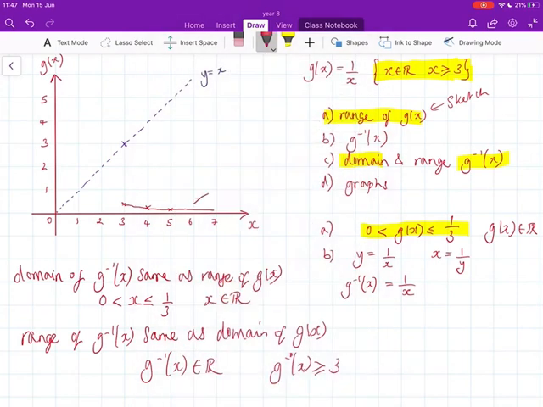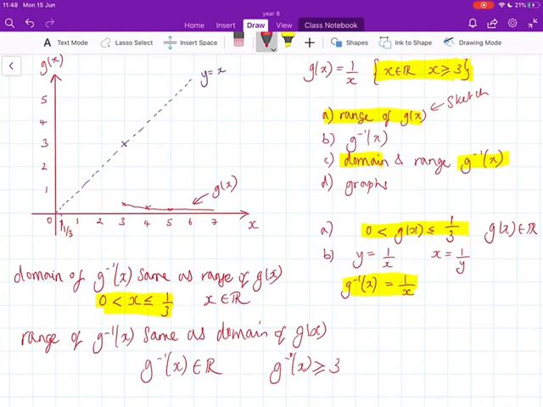If I reflect my g of x graph, which is this one down here, we look at our inverse function was 1 over x as well, but for that one our domain was x could only be any value between 0 and 1/3. So we're only looking for x running between 0 and 1/3.